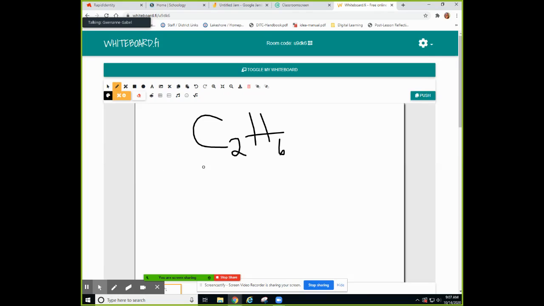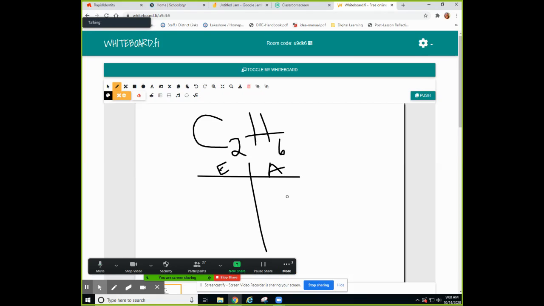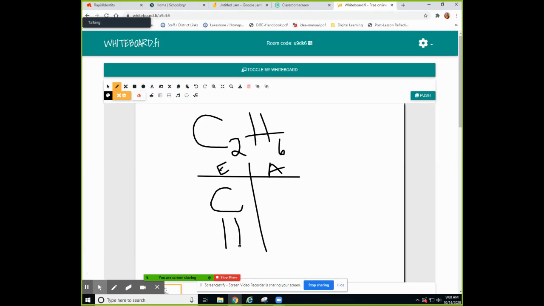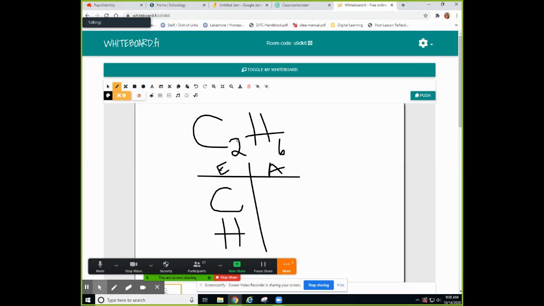Here's our last example. We're going to make our T-chart. We have elements and atoms. We have carbon, and we have hydrogen. This subscript tells me I have 2 carbons.